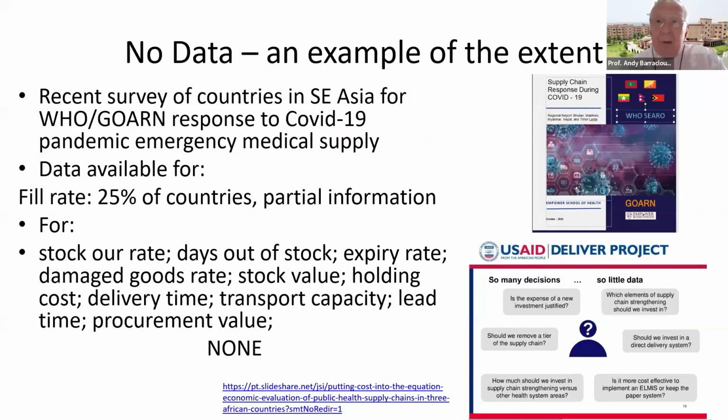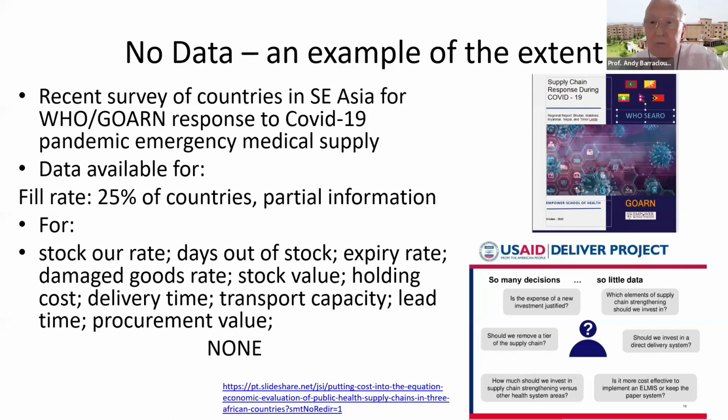As an example of the lack of data, during COVID, Empower did a survey of countries in Southeast Asia. And we looked at which countries have got data on basic supply chain parameters. What's your stock out rate? How many days were you out of stock of PPE? What's your expiry rate? What's your damaged goods rate?